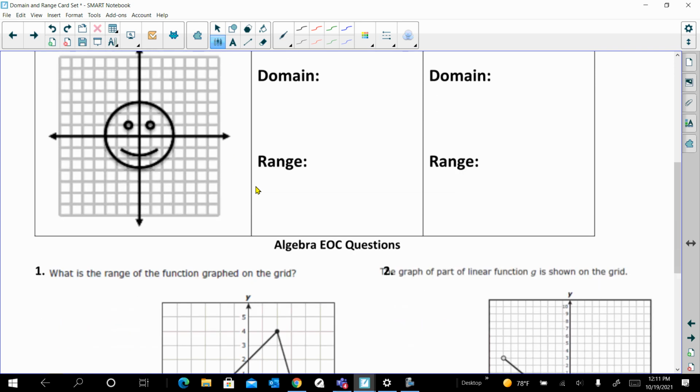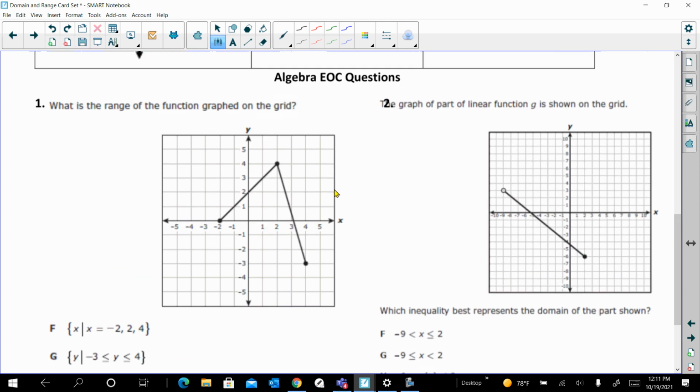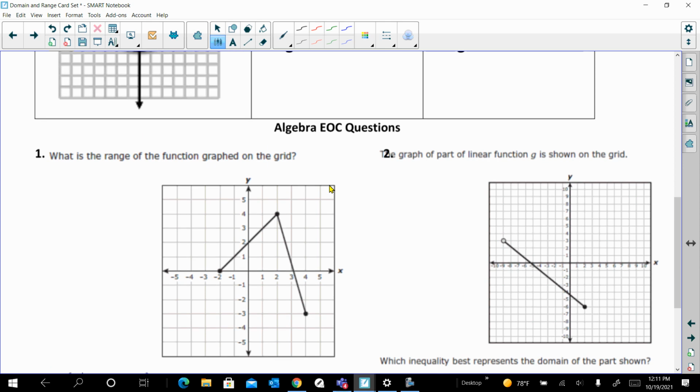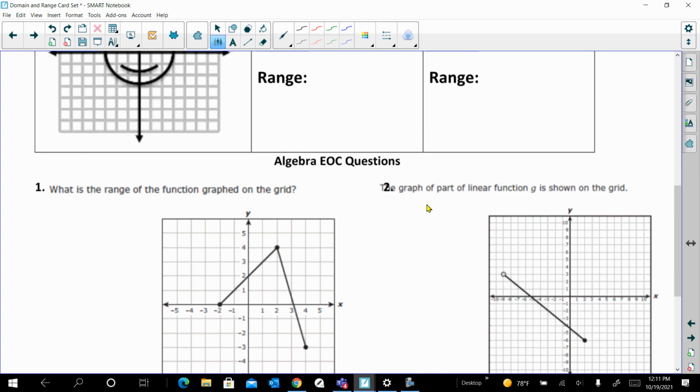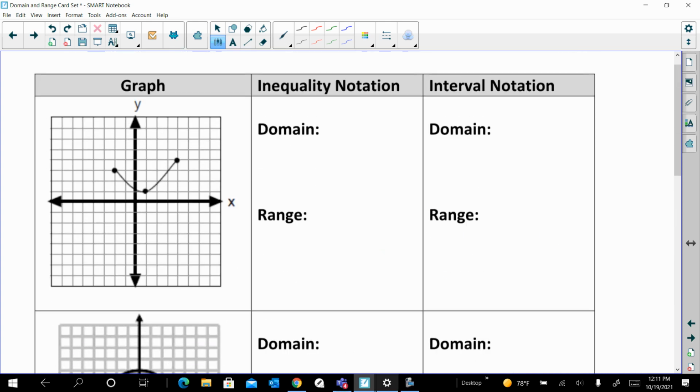Then when you get down to the bottom here, problem 1 and 2 are sample STAR questions. This is how they would ask you a domain and range question on STAR. These are multiple choice. I want to see if we get the right answer, what strategies are you using, because you could use some strategies on here. I'm going to give you some time to finish this, and we're going to check it before you leave.